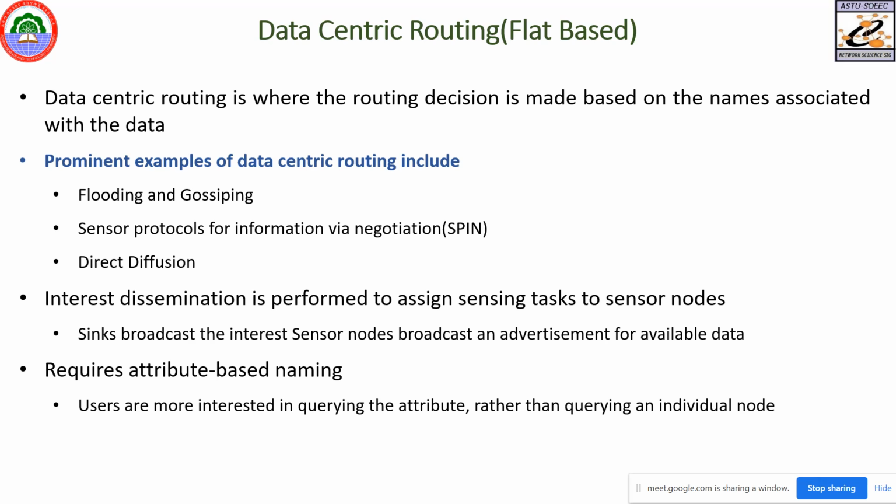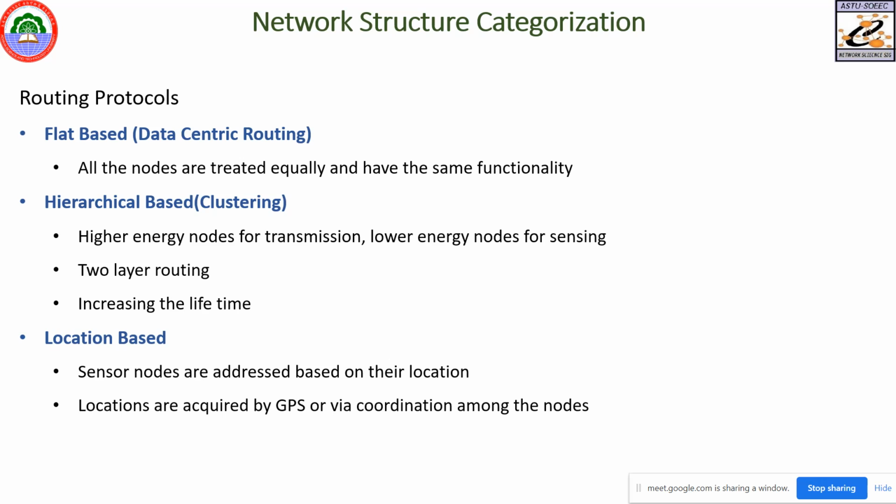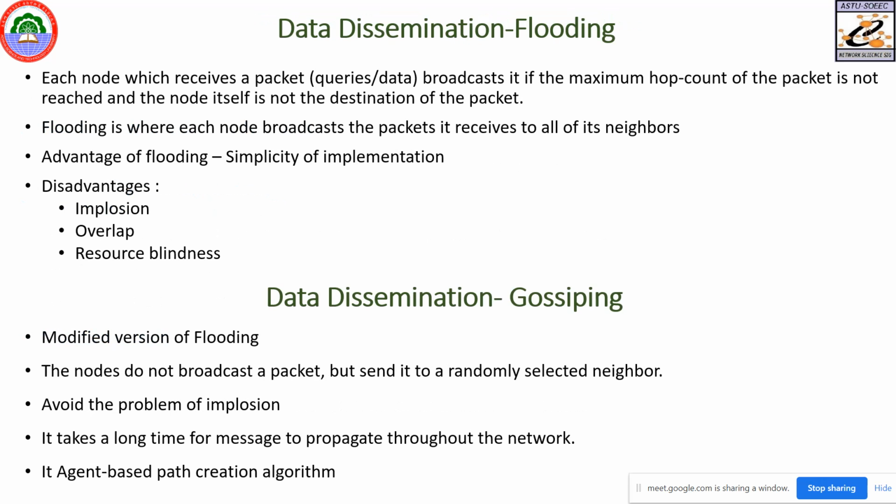I'll explain that simplicity. When we talk about simplicity, it means there is no specific approach required here. In the case of flooding, there is no specific approach required. Whatever information it is trying to send, it will simply broadcast.